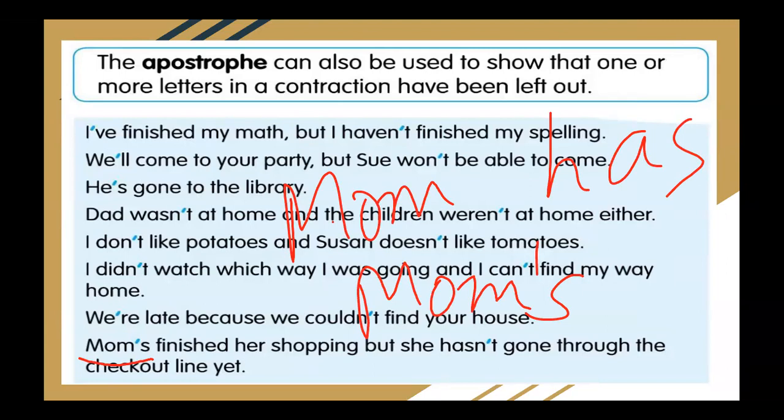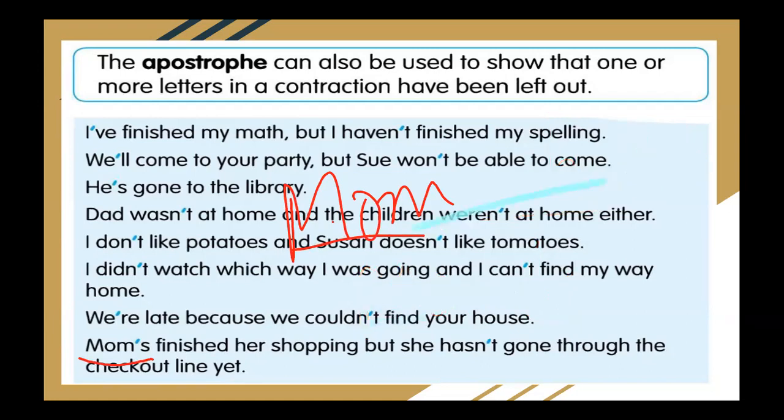Dad's or mom's. Mom has becomes mom apostrophe s. Mom's finished her shopping. Are you getting what I'm trying to say? What is the actual word? Has. Mom has. Very good. Mom has becomes mom apostrophe s. Mom's finished her shopping.